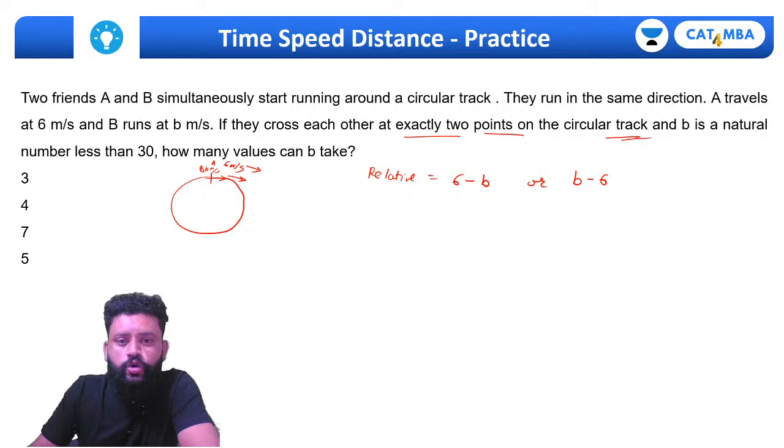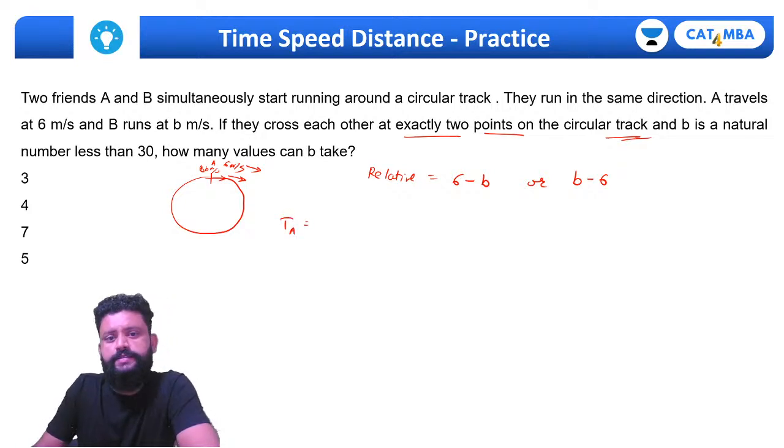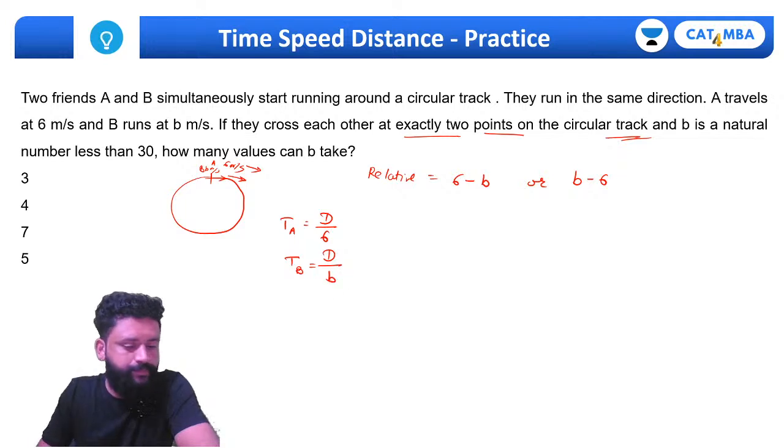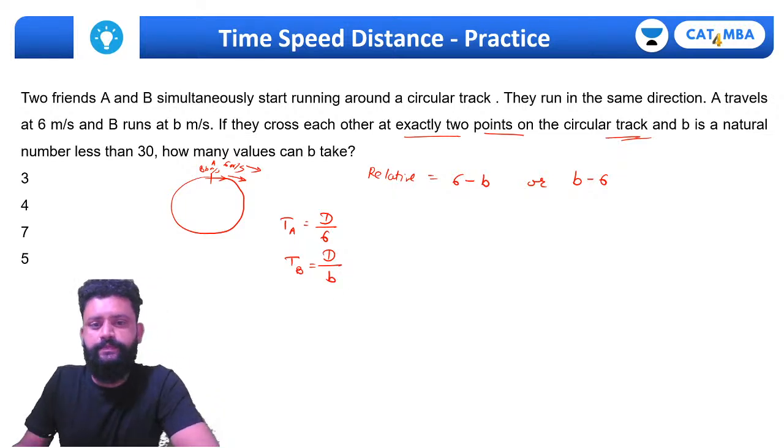Right? So the time required for a to complete a round is d by 6, and the time required for b to complete the round will be d upon b. That's what we can say.